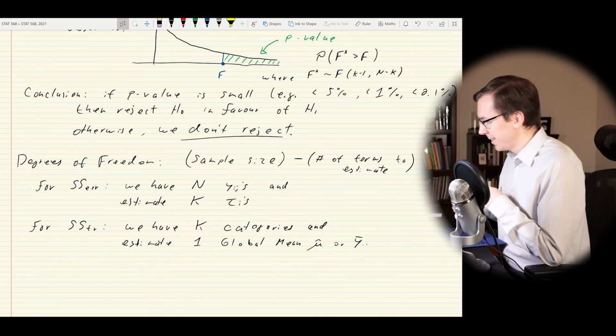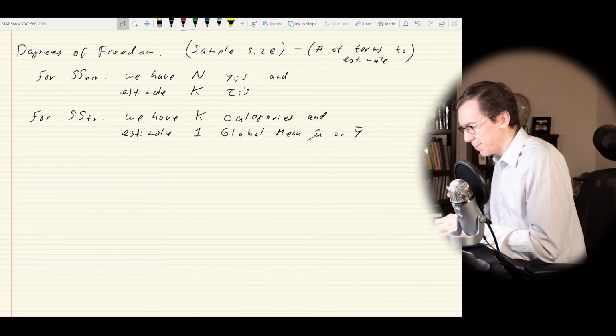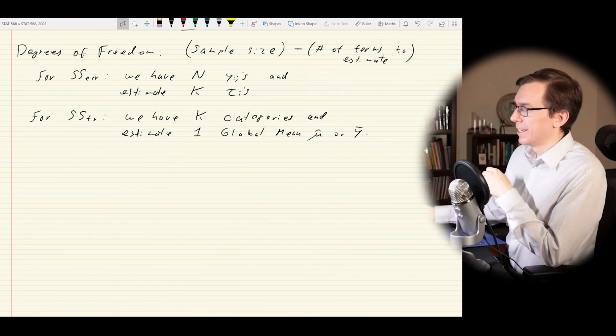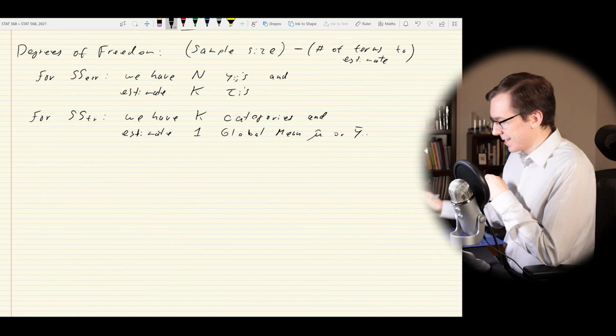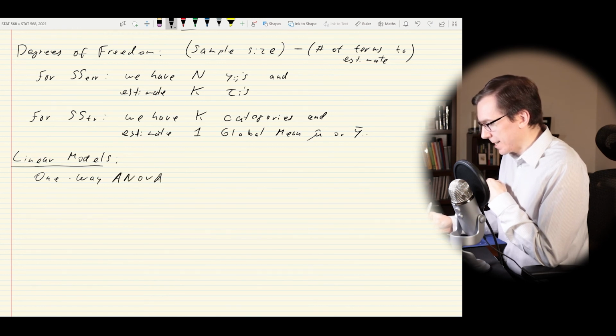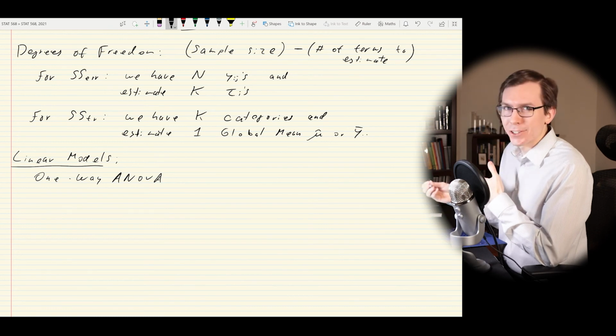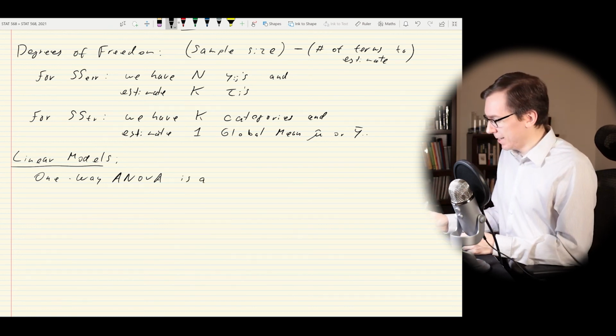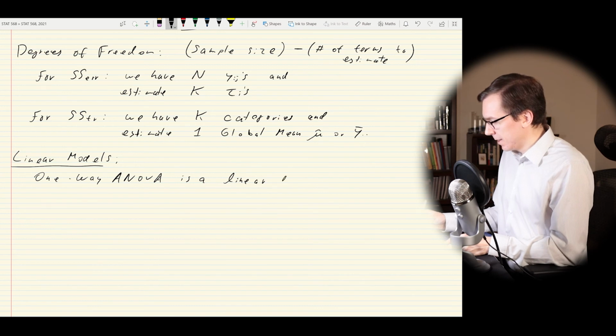Right, so now let's push forward and discuss a little bit about linear models. The one-way ANOVA, and in some sense everything we're going to be talking about in this course, is a linear model, i.e. it's basically just linear regression.